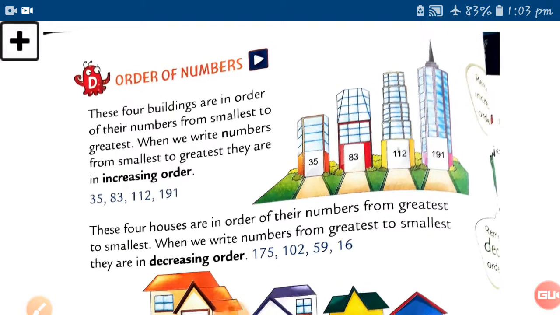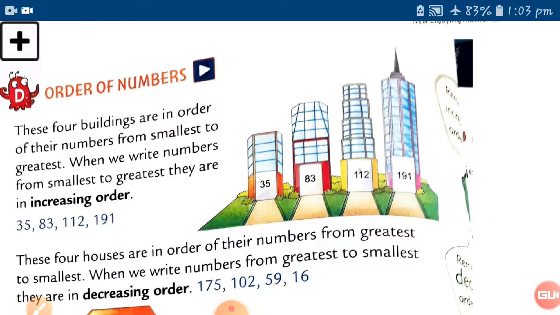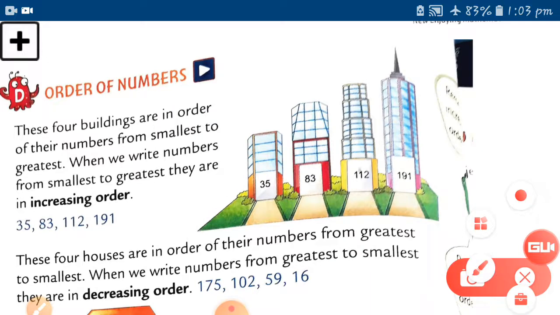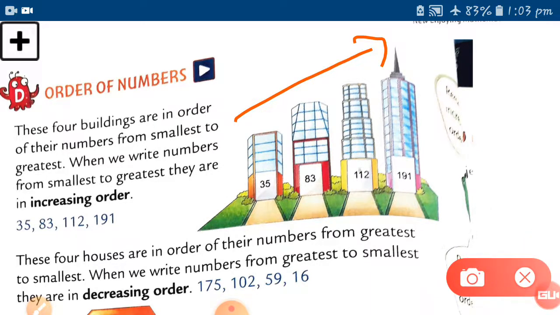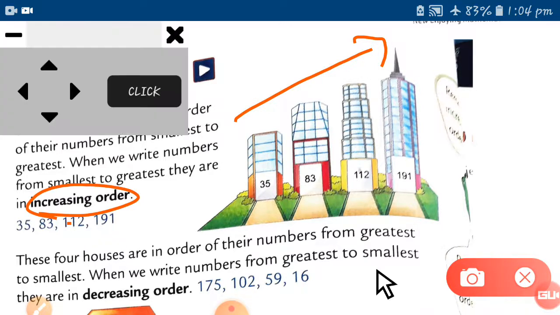See, this building we saw yesterday. We saw this book yesterday, order of numbers, right? You can see here which way the arrow goes. As we showed, this is the increasing order. You can read here also, increasing order. See, the arrow goes slowly upside.